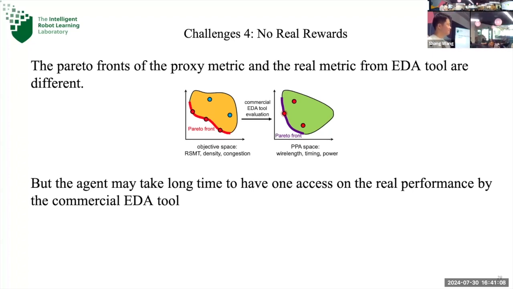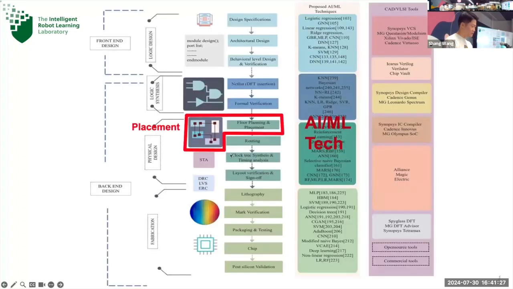Maybe a related question. You said there's a real metric from the EDA tool. What is that? For all the simulators, it's more like the proximity to simulate. Maybe we go to the really beginning for this graph. Can you clearly see the words in here? There's the floor planning, placement, routing.